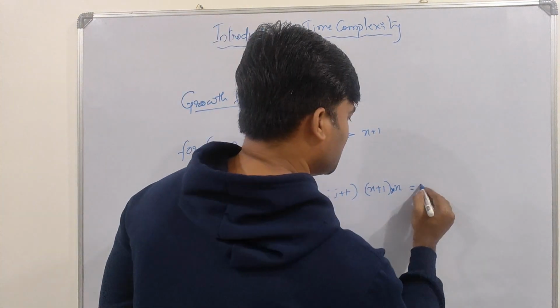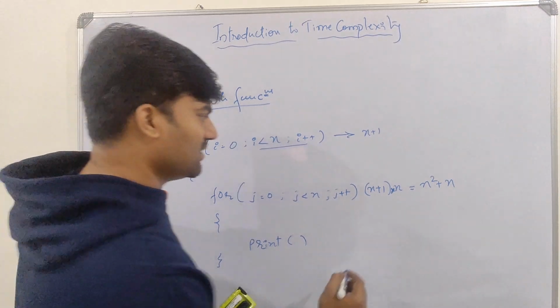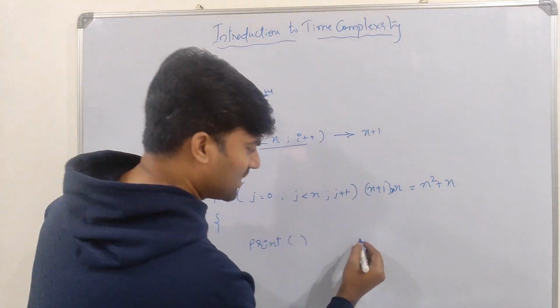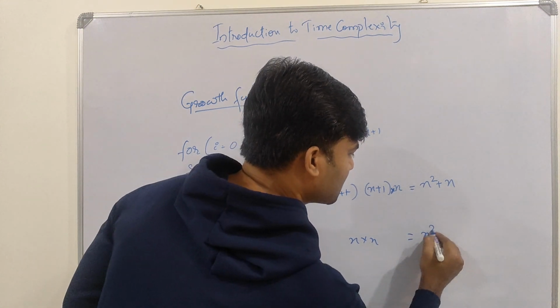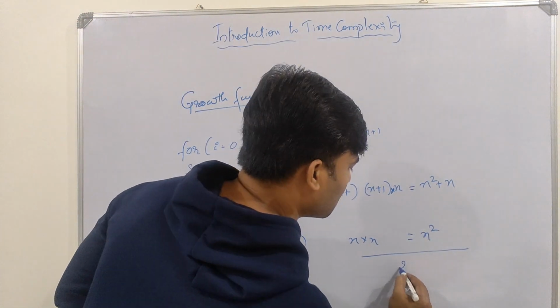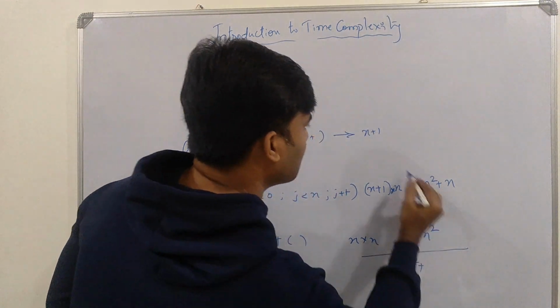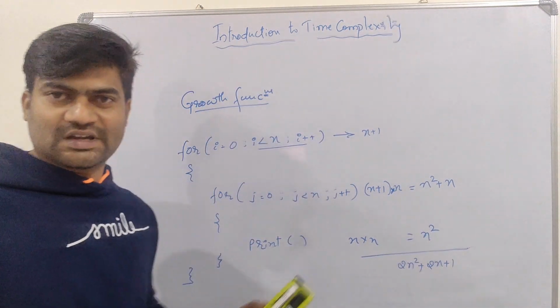So this becomes n square plus n. Now this executes n into n times, which is equal to n square. So if we sum it up, it becomes 2n square plus 2n plus 1.